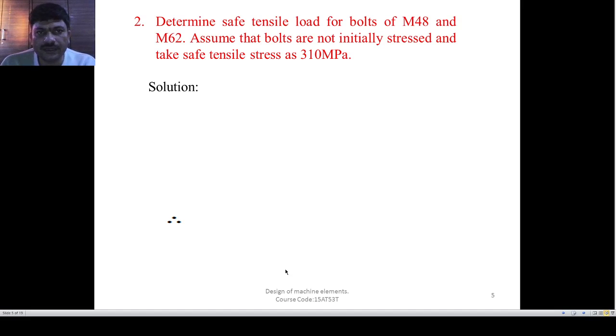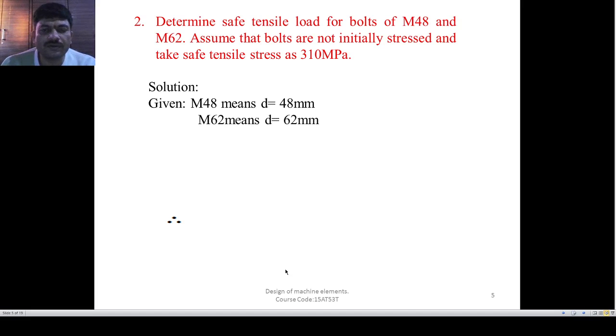M48 and M62 are screw threads designated by these letters. M48 means the nominal diameter of the bolt is 48 mm, and M62 means the nominal diameter of the bolt is 62 mm.